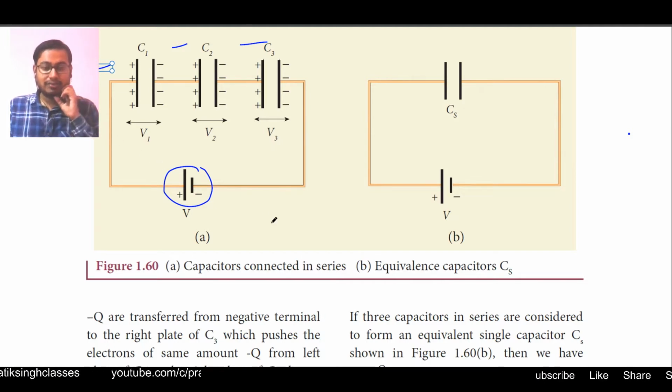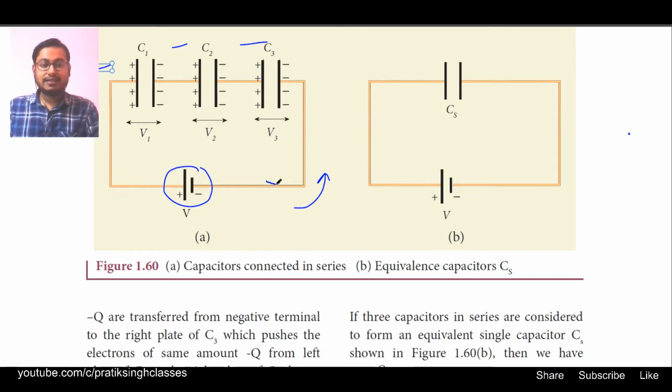Here you always have to keep in mind the direction of flow of charges. The charges will flow from the battery's negative terminal to the capacitors and back again to the positive terminal, that is in anti-clockwise or counterclockwise direction.